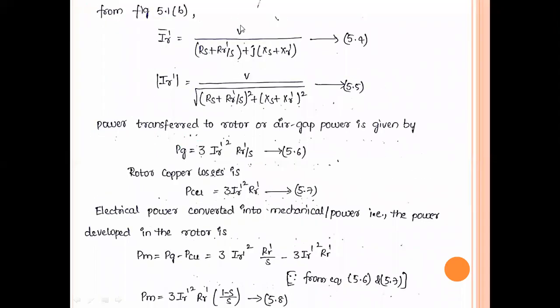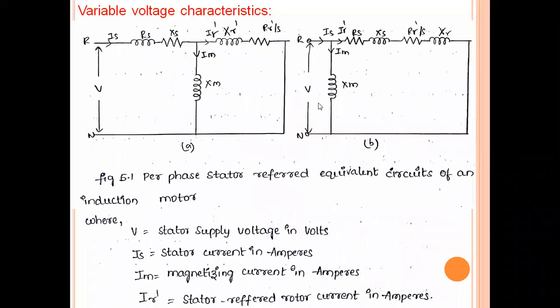See, V is the input voltage, because both are parallel, so the voltage is the same. So here the voltage is V, and the Z can be calculated here. You can see two resistors connected in series, and two inductors connected in series.